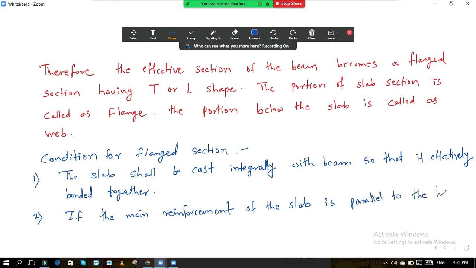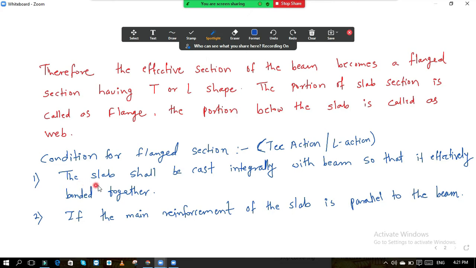Okay, so this is also the condition. So these are the two conditions. Okay, in these two conditions, the flange sections, the T action or L action is developed. Okay, so these are the two conditions.